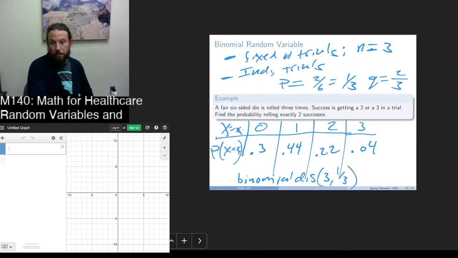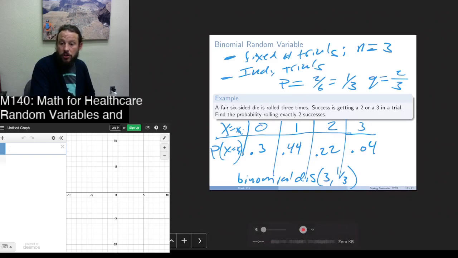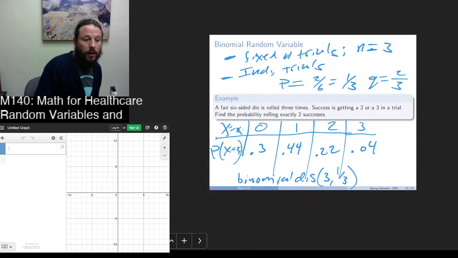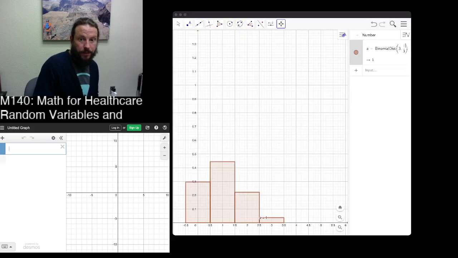Now, if we want to get a picture of what this looks like, I like GeoGebra for pictures. Yeah, 3 1/3. Okay, I got my picture up there. Here we go.